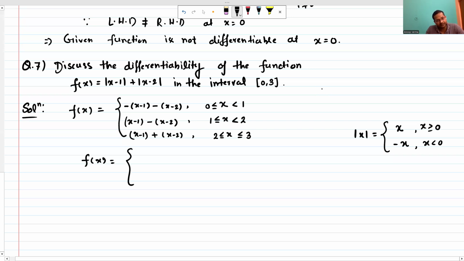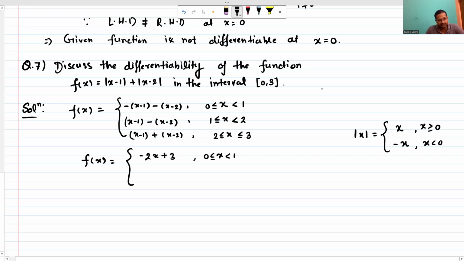This is minus x, minus x, so it will be minus 2x, and minus minus plus 1, and minus minus plus 2, so this becomes 3. This is for x less than 1 and greater or equal to 0.